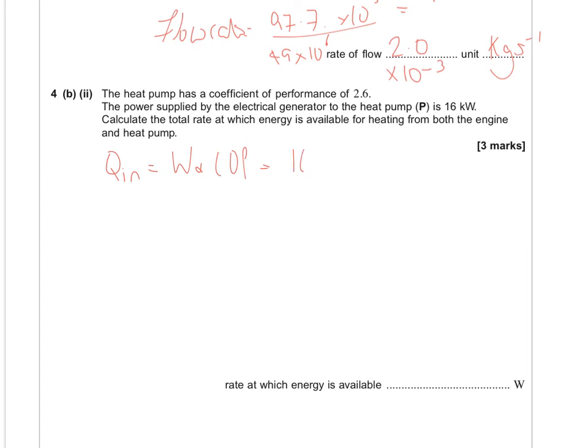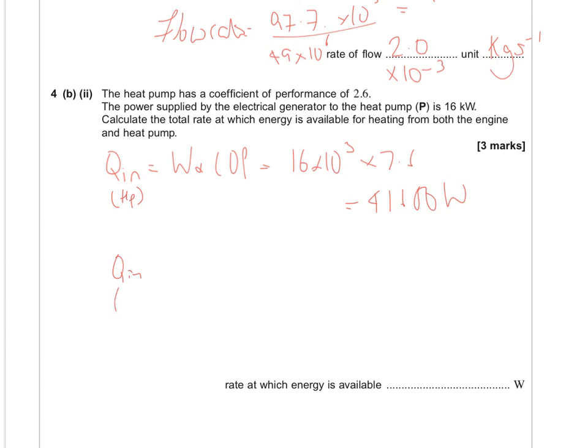That's 16 times 10 to the 3 times 2.6, which is 41600 watts. But we also had some energy delivered from the other system as well. So that's just from the heat pump.